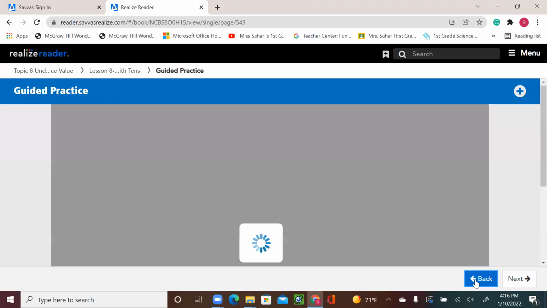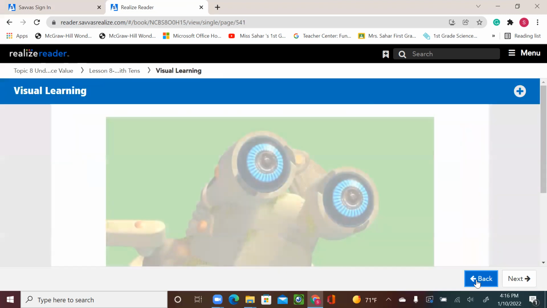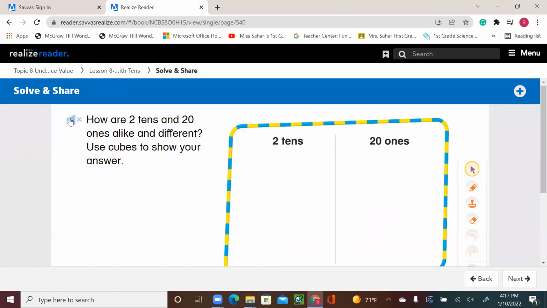Okay, let's go to the first question that we started our lesson with. How are 2 tens and 20 ones alike and different? Use cubes to show your answer.